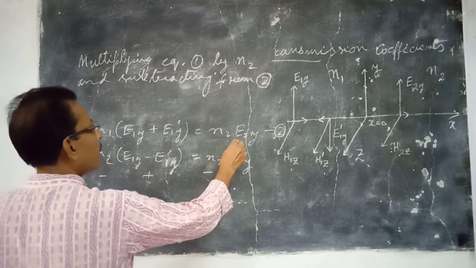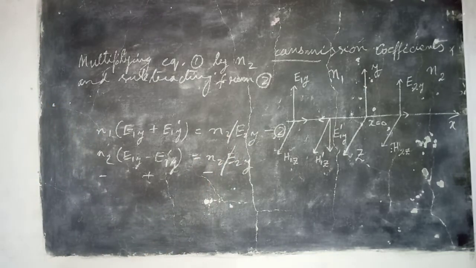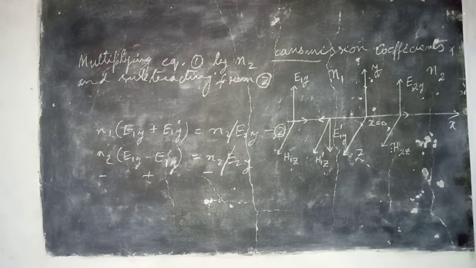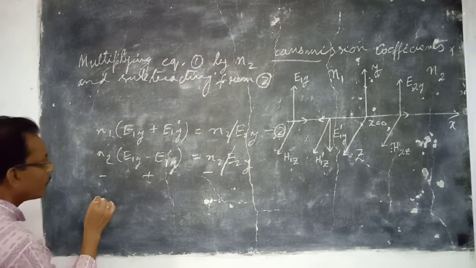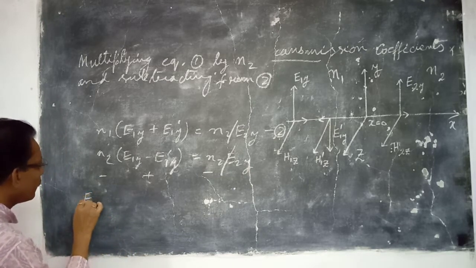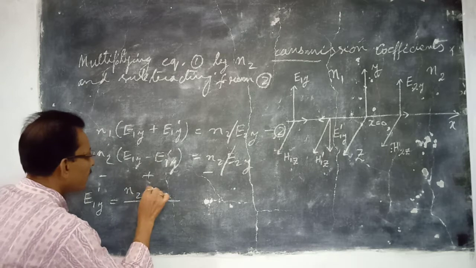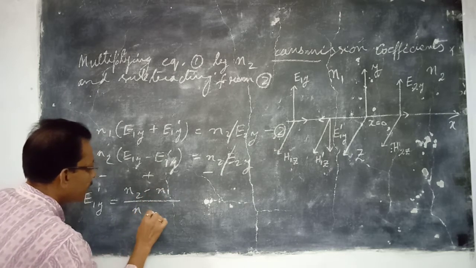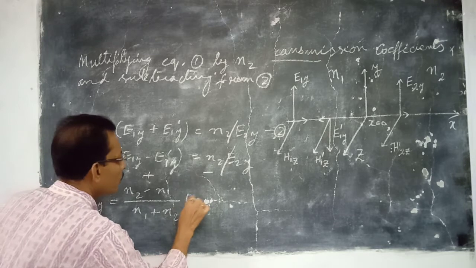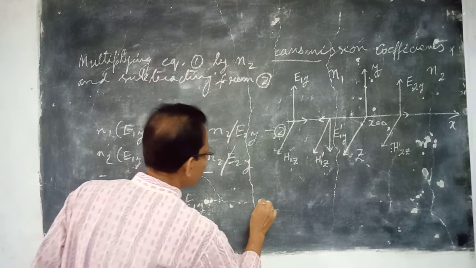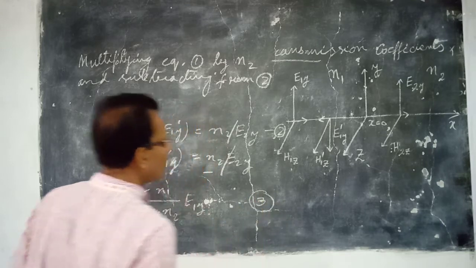Here you get the relation between E1y and E1y prime: E1y prime is equal to (n2 minus n1) by (n1 plus n2) times E1y. This is equation number 3.